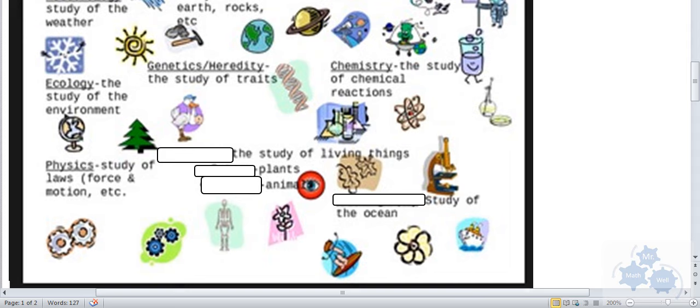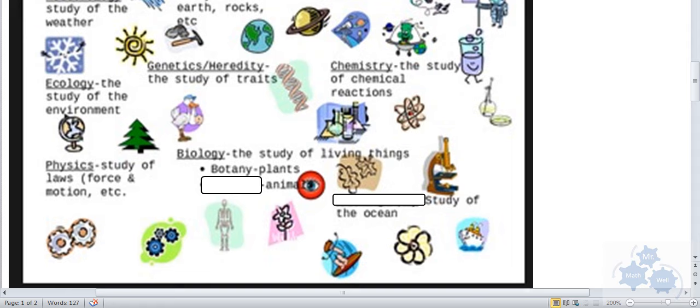Physics. Okay, the study of living things, a pretty broad category here. Yes, biology is correct. The study of living things, the bio is life. Okay, so what is the study of plants specifically? Botany.